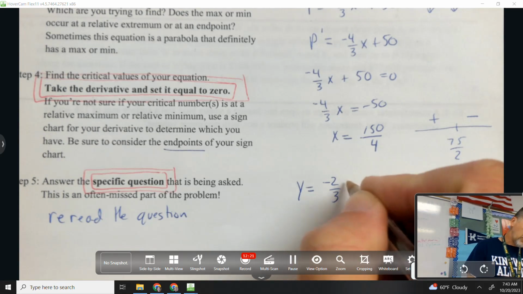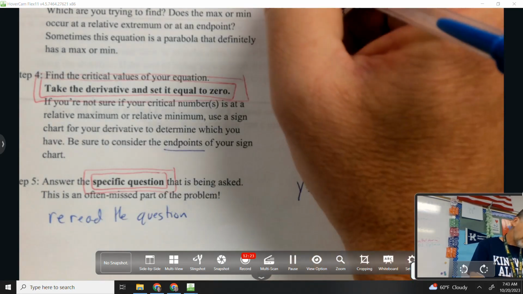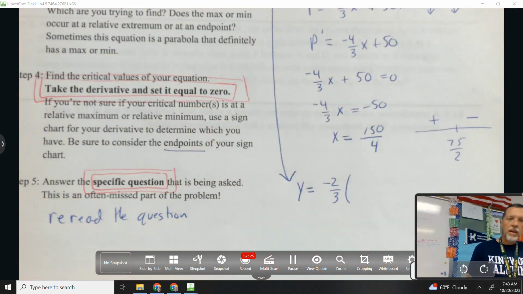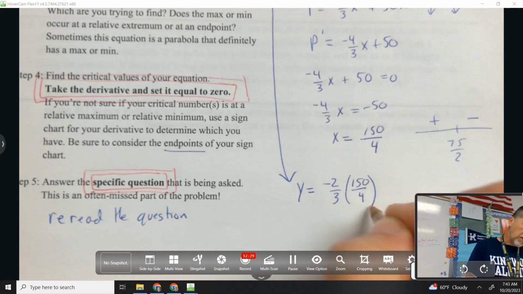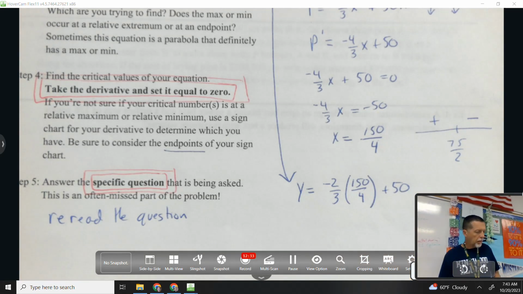So negative 2/3 x, which is 150 over 4, plus 50. Again, if you want to, we can reduce that.